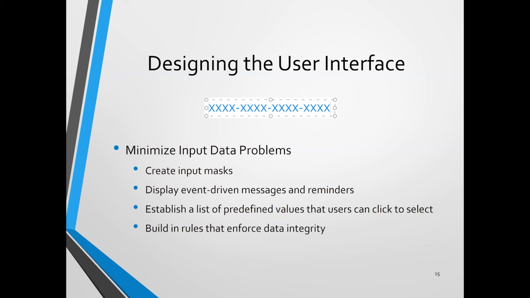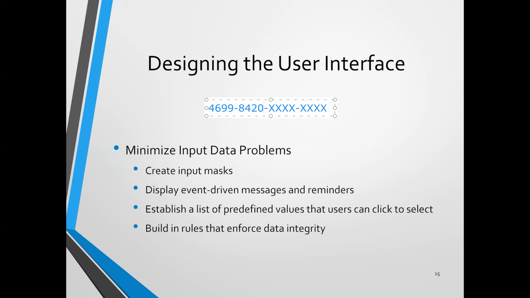Once the user enters some number, suppose they enter a digit, it replaces it with an X right away. Also, the users know how many digits they have to enter, in this case 16, right?